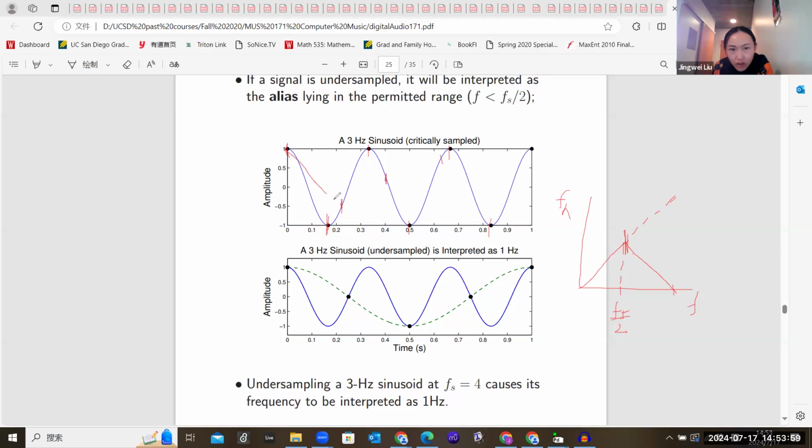Therefore, you have an alternative lower frequency to link these points together. I'm not drawing really well, but you can read this graph. So this is your original frequency in blue, but there is an alternative one if you choose a frequency that's higher than half of Fs. This is where the aliasing comes from, and this is why it folds over.